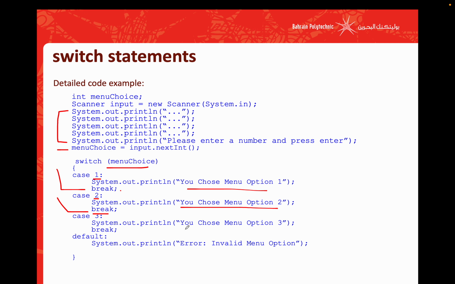And with 3, you chose menu option 3, with break it goes back. If the option that the user selected is not presented here, then it presents error invalid option. You can write a break here as well, but it's not required because there's nothing after default usually, so you can skip that break.